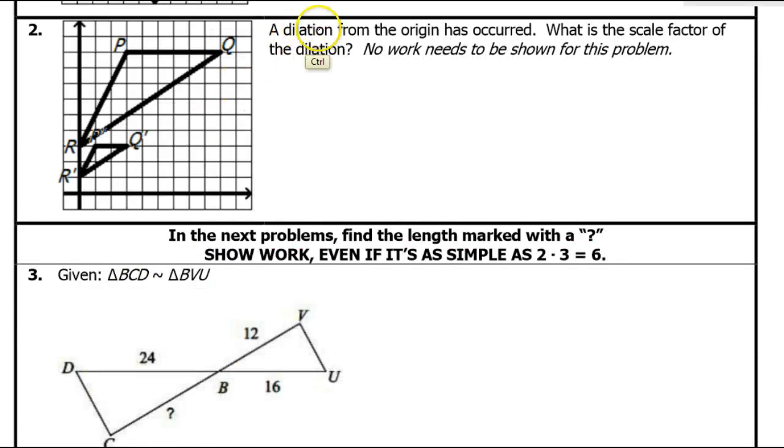Problem number 2, a dilation from the origin has occurred. What is the scale factor? Well, all you have to do is pick any pair of corresponding points. I'm going to pick the point R and R prime. So the point R is the point (0, 3), and then the point R prime is the point (0, 1).